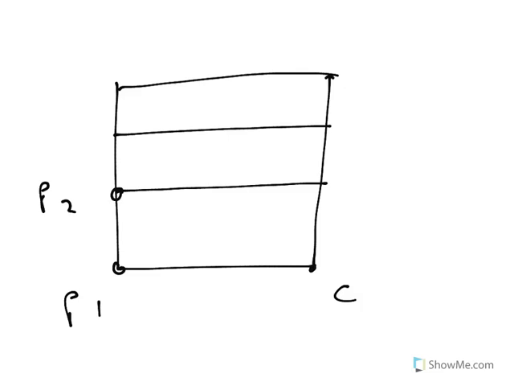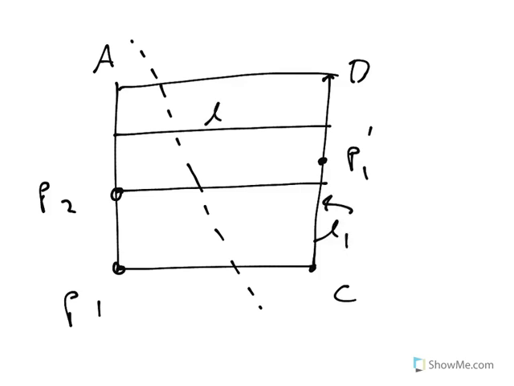I'll just call this C, B, A. And the trick is to use axiom 6 to make a fold somewhere around there, which puts P1 onto line CD, while simultaneously putting P2 onto, so this is line 1, and this here is line 2, putting P2 onto line 2. It ends up somewhere over here.